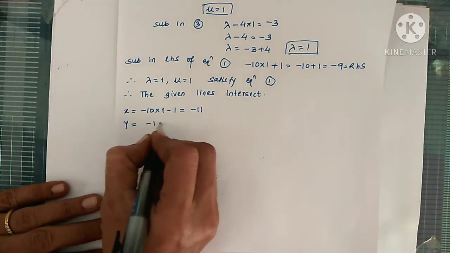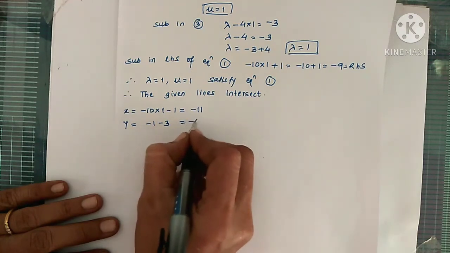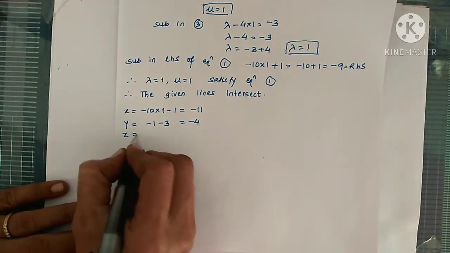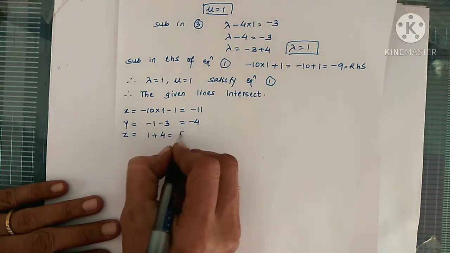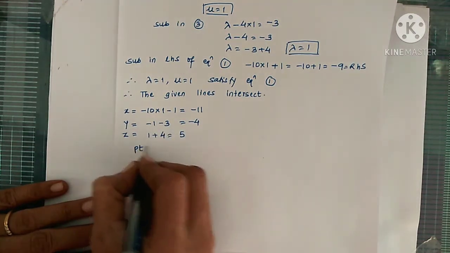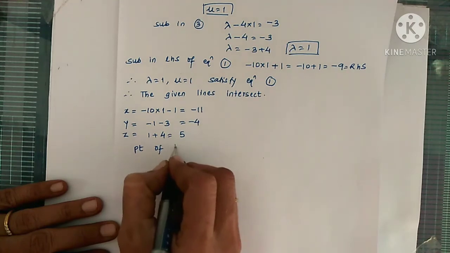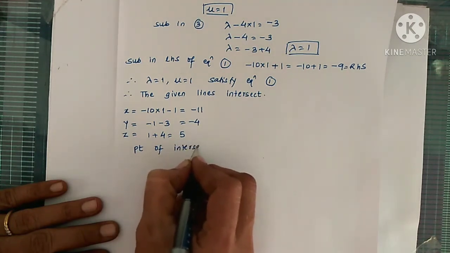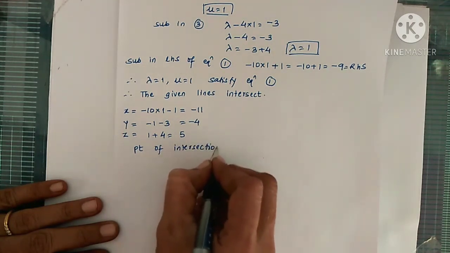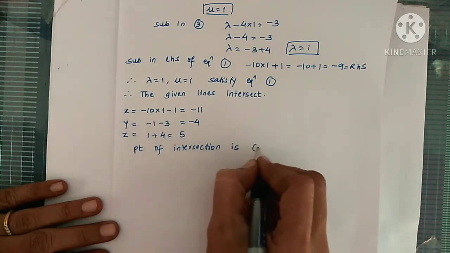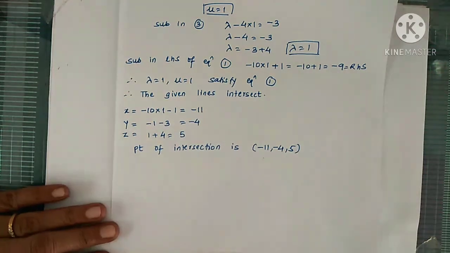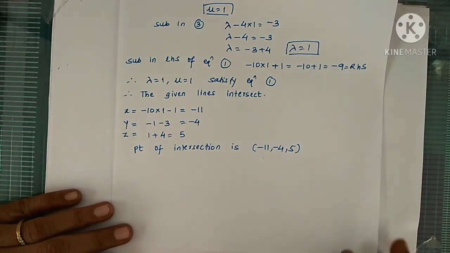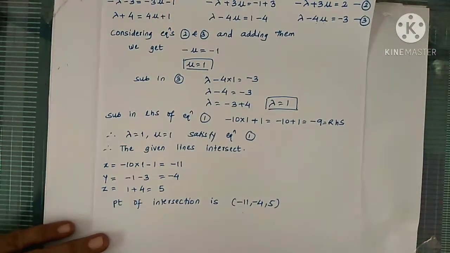Y equals minus 1 minus 3, that is minus 4. Z is lambda plus 4, that is 1 plus 4 equal to 5. So the point of intersection is minus 11, minus 4, 5. You can write for mu also.